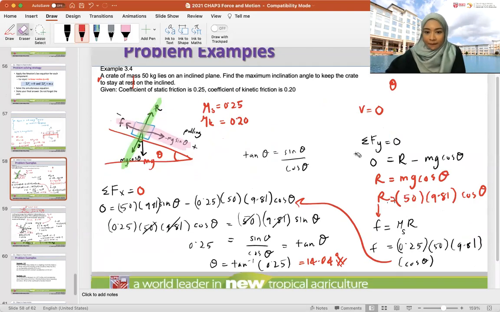Kalau tengok kat sini, kita punya R and then mg cosine theta, right? So mg cosine theta, saya punya equation saya cakap M is 50 kg, G is 9.81. So kat sini tak ada negatif tu, right? And then cosine theta. Tapi bila saya tulis equation, saya kira R going up, mg going down.